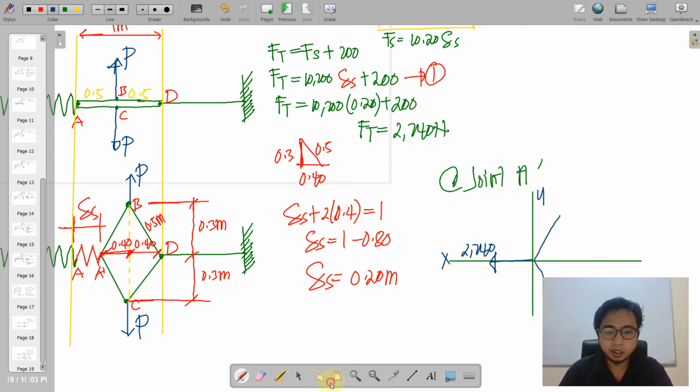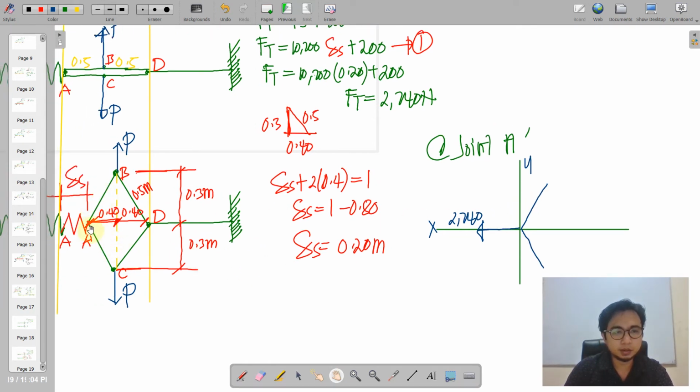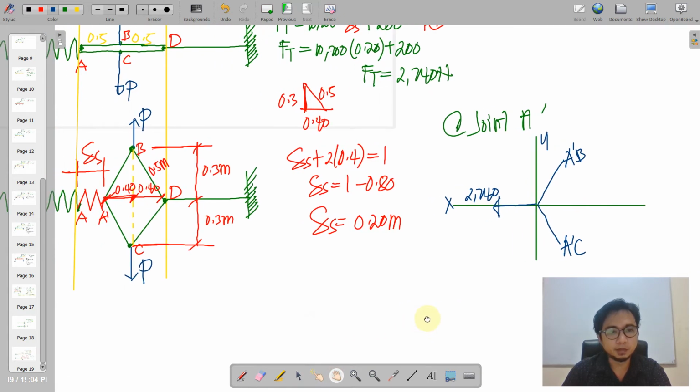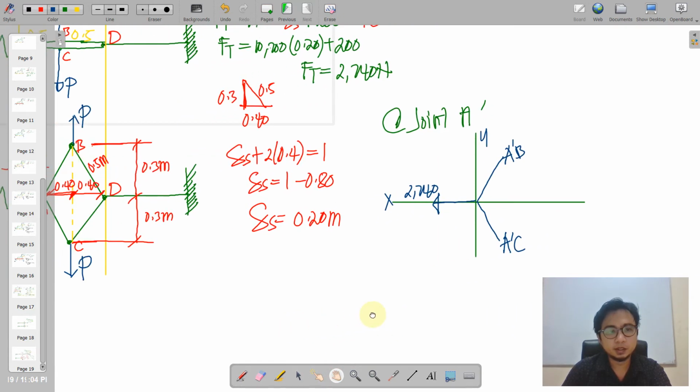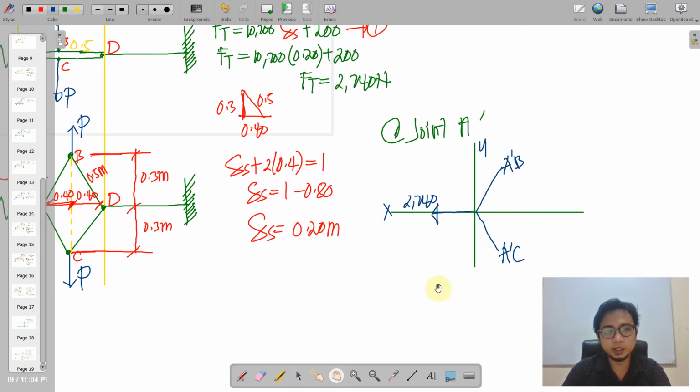And then the identical forces here, this one, okay, A prime B and A prime C. So this is inclined with the slope of a 3, 4, 5 triangle. So let us assume a tensile force onto this.